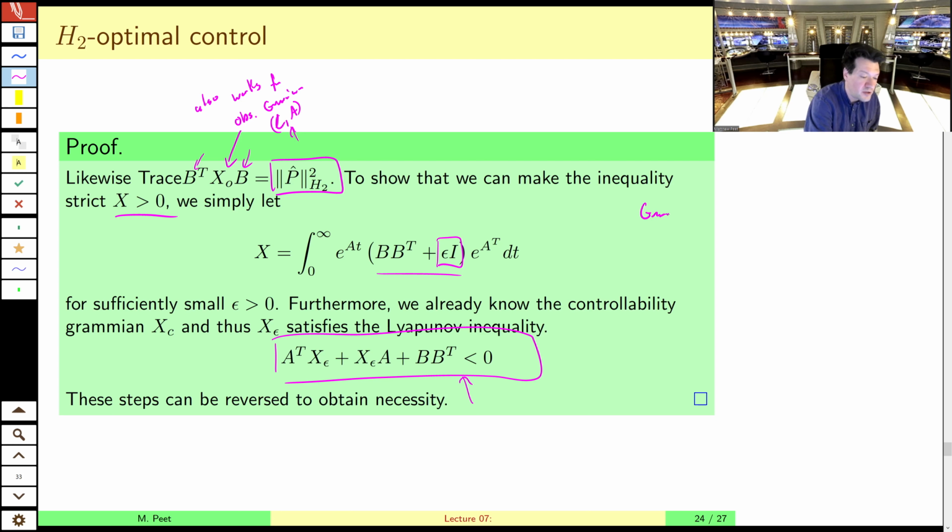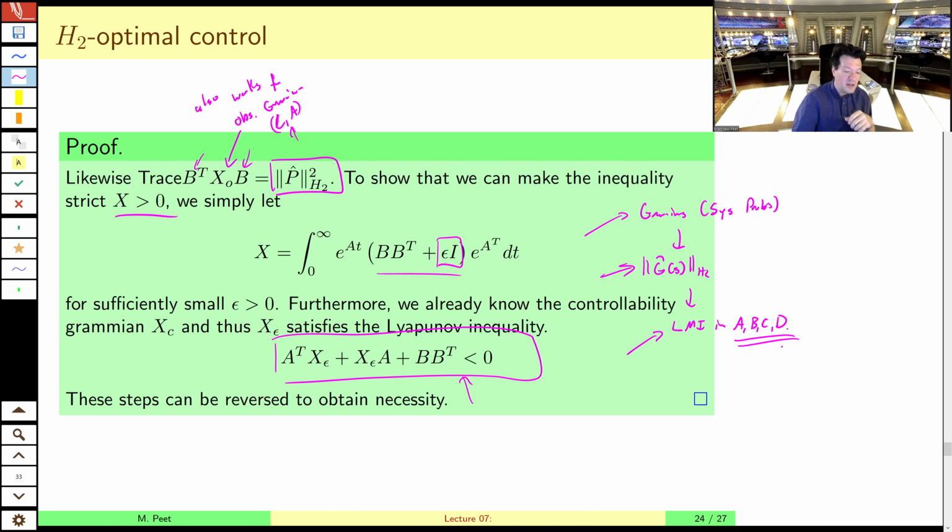So gramians will, as a substitute for system properties, relate a function of the representation in the H2 norm to an LMI in the state space representation A, B, C, D. That gives us three results, three theorems, which relate properties of this transfer function to properties of the system, although in the last case we're dodging it a little bit, and, through an optimization problem, to properties of the matrices themselves.